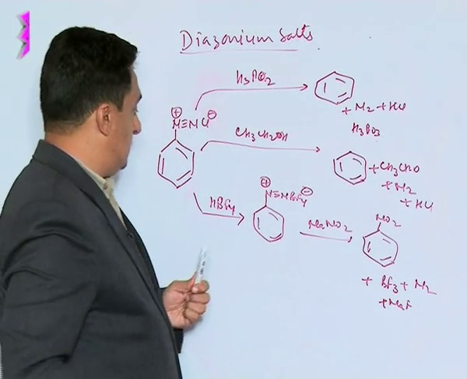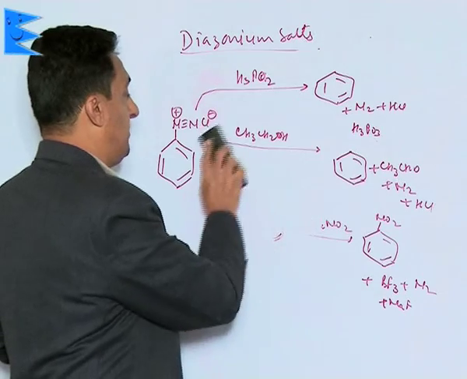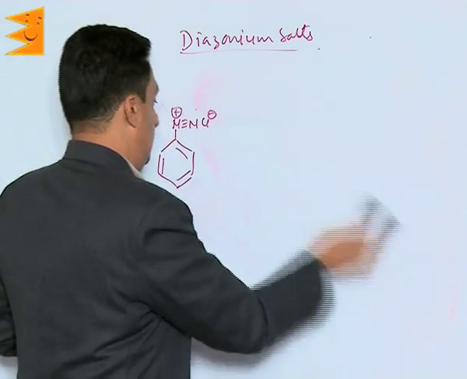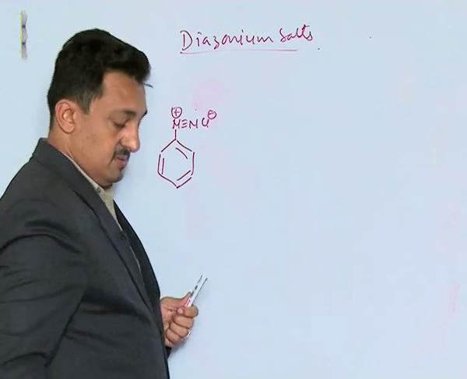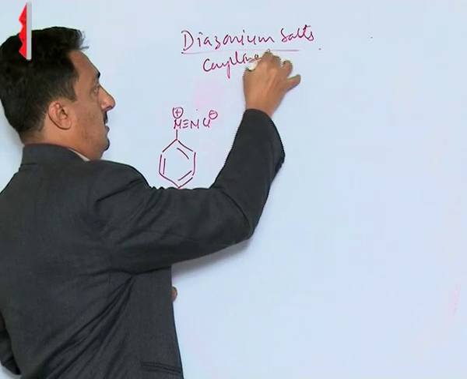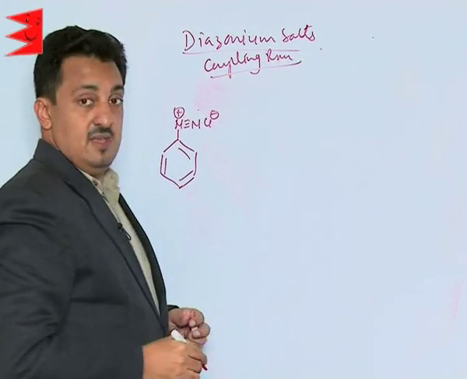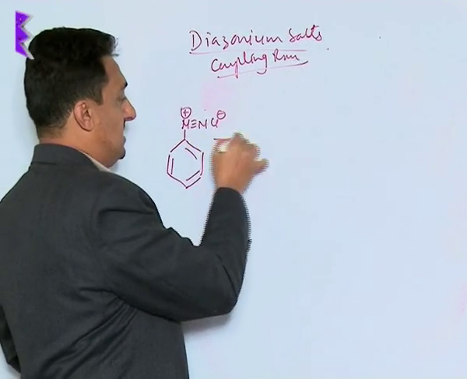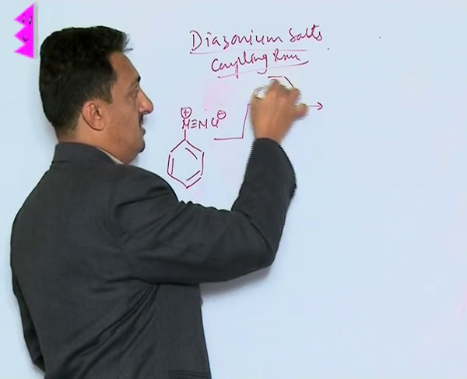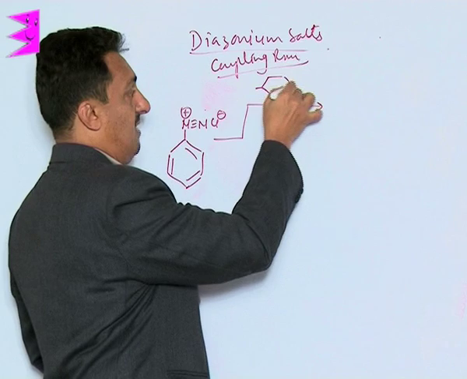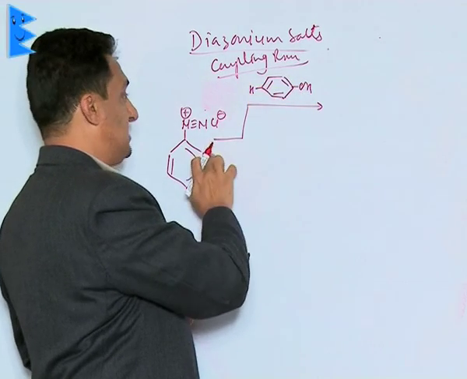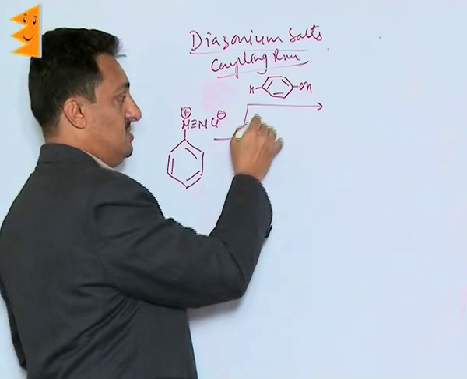Along with this, there is one more very important reaction of this, which is called coupling reaction. This reaction is basically a sort of electrophilic substitution on, like if we are having phenol, its electrophilic substitution takes place at para position.